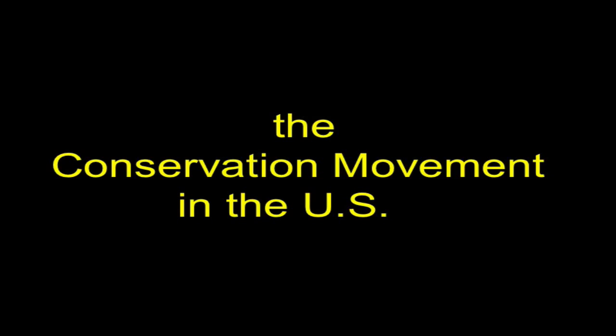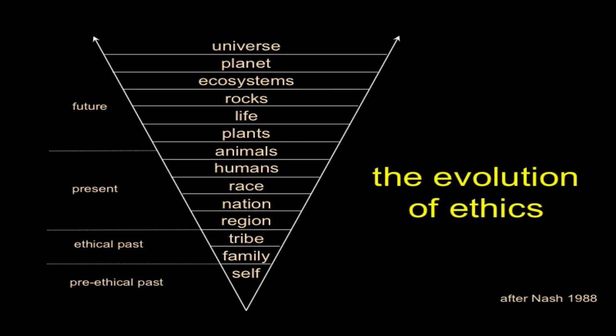Before we talk about the conservation movement in the U.S., let's talk a little bit about its underpinnings. This is a famous figure from Roderick Nash. Was anybody in Dr. Rodriguez's environmental history class last year? Professor Nash came. He was one of my mentors when I was your age, and I had not seen him in about 15 years.